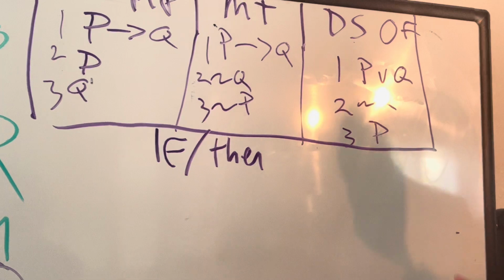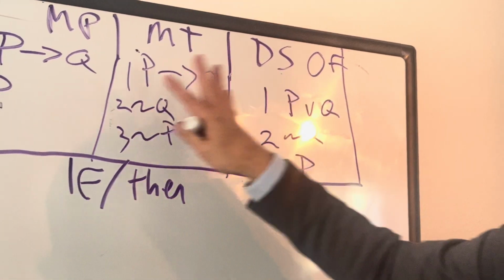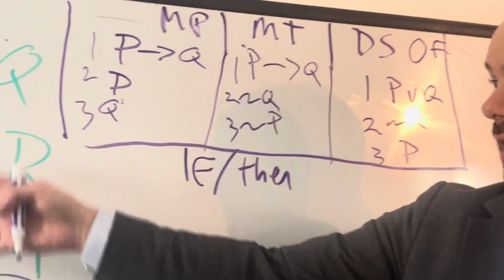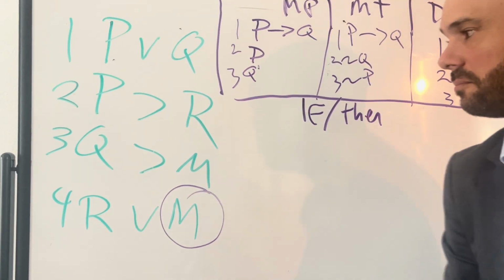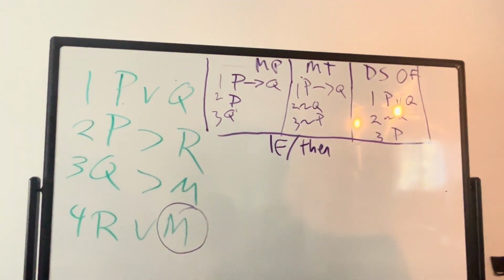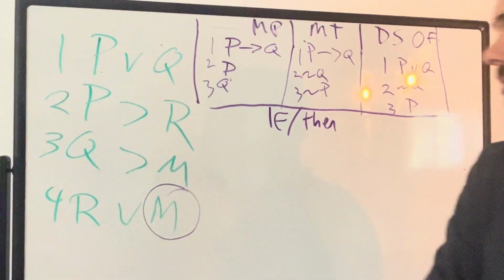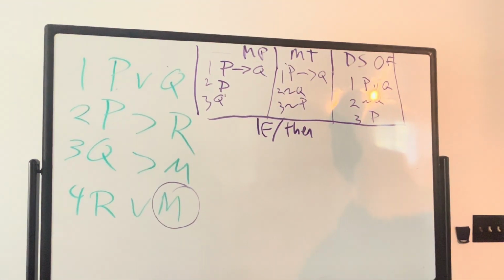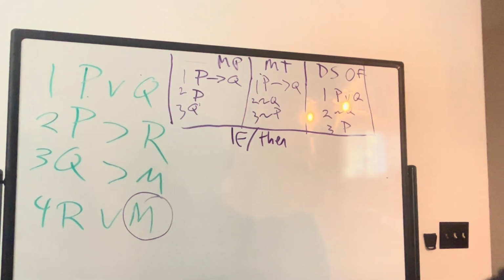So what we want to do now is apply these rules to figure out how to work this argument here. The first thing we'll do is figure out how we get M. Let's run through it.